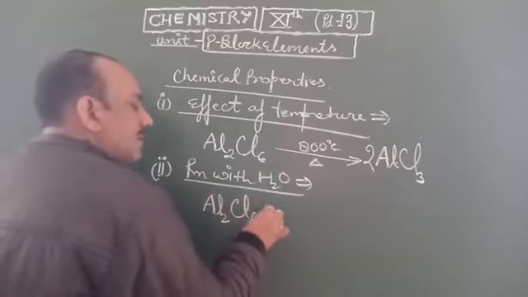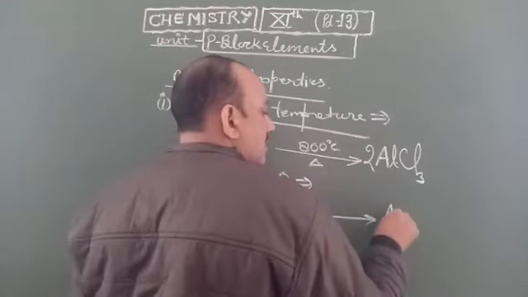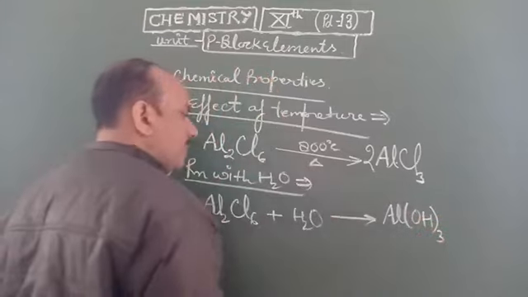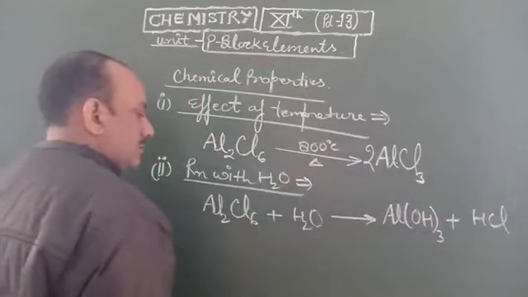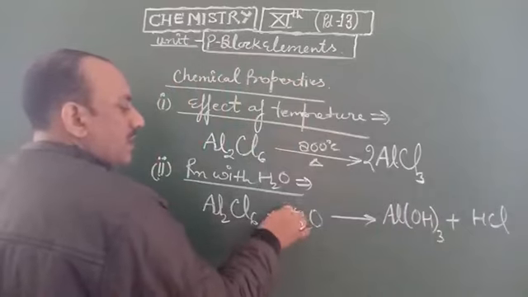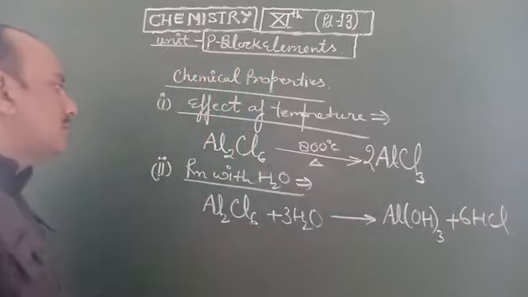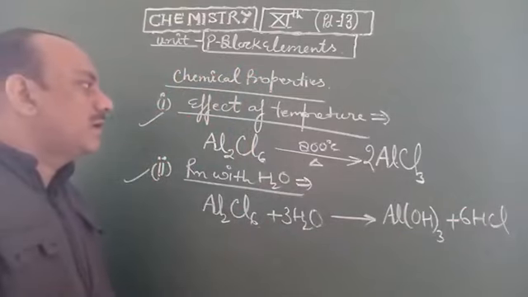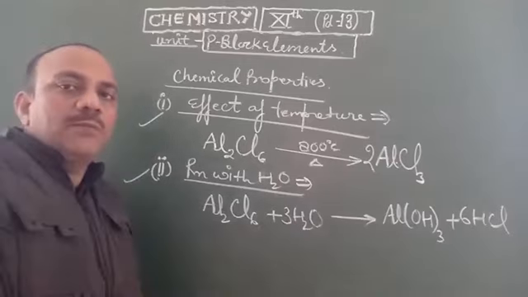Al2Cl6 plus H2O makes Al(OH)3 plus HCl. For balancing, we use 3 and 6. So both these reactions are of the dimeric structure, and now we take some chemical reactions for the monomeric structure.